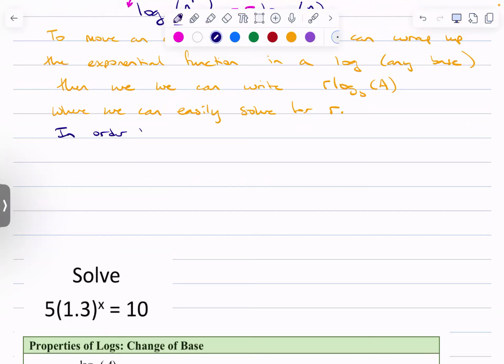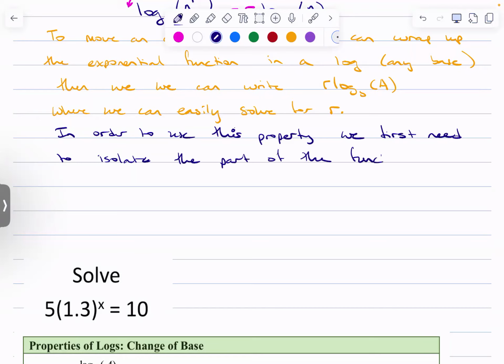In order to use this property, though, we first need to isolate the part of the function with the exponential, or the exponent, I should say.